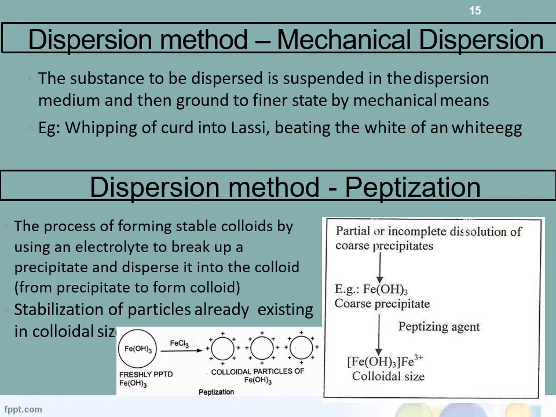The precipitate particles adsorb onto the ions of the peptizing agent, and then electrostatic repulsion, or we know that repulsion between two compounds with like charges, causes the precipitate particles combined with the electrolyte ions to mix with the colloidal solution. So a stable colloid will be formed.